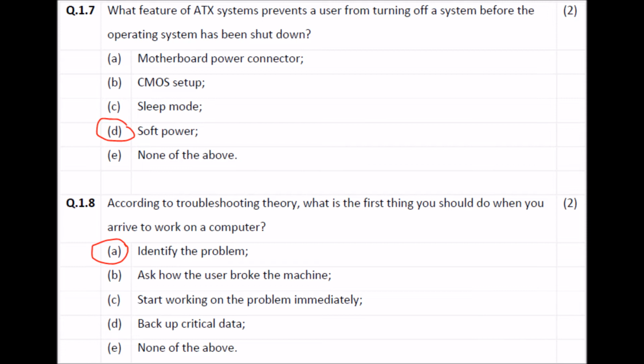So the first thing that you want to look at as far as 1.8 is concerned is to identify what the problem is, and then after that is done, you need to start backing up your data, because that's part and parcel of establishing a theory of probable cause. And so 1.8 would be A.